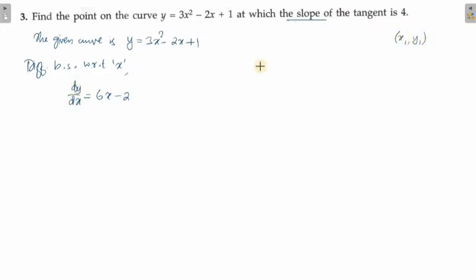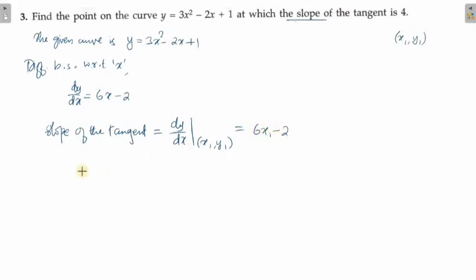So the slope of the tangent, that is dy by dx at x1, y1. Let's see how much we get. In place of x I'm going to write x1, so this becomes 6x1 minus 2.